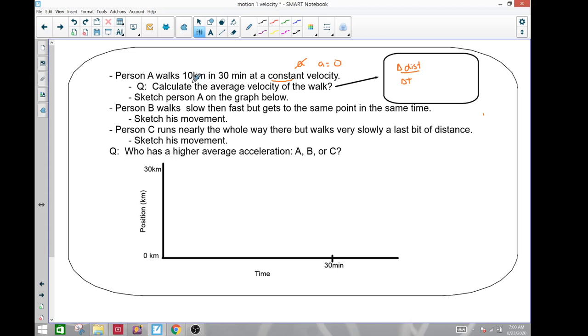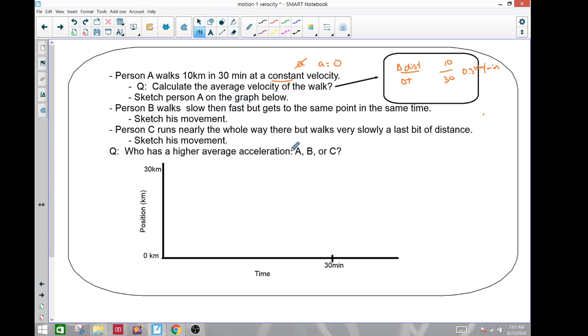Okay, my change in distance is 10. My time is 30. My unit's going to be in kilometers per minute. So this divided out is just 0.3 kilometers per minute. And that is a very legitimate velocity. All right, sketch the graph below.